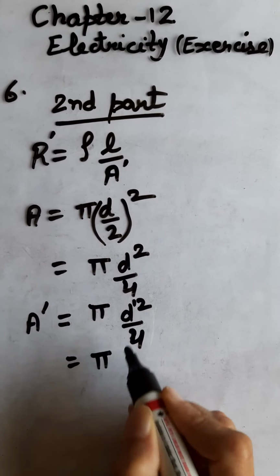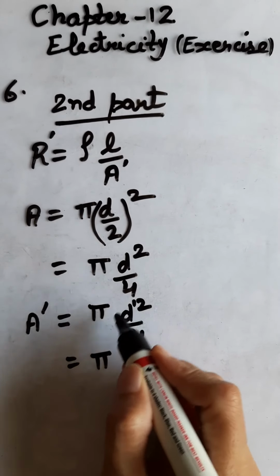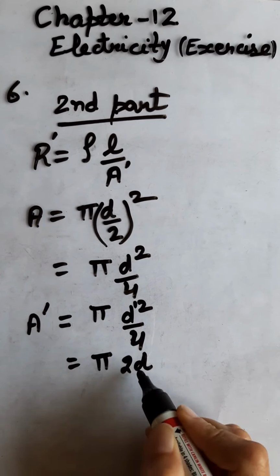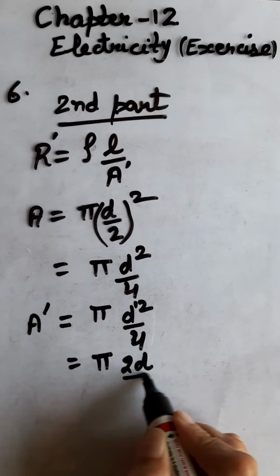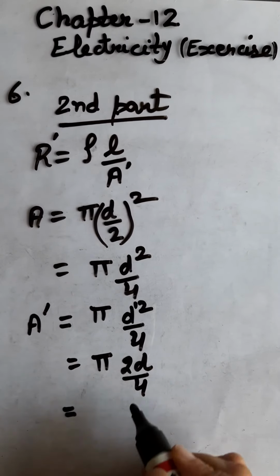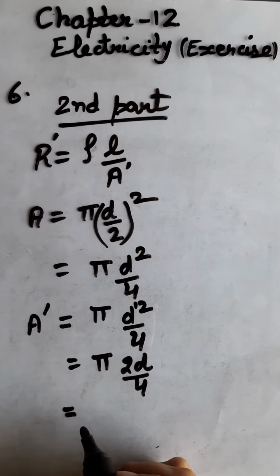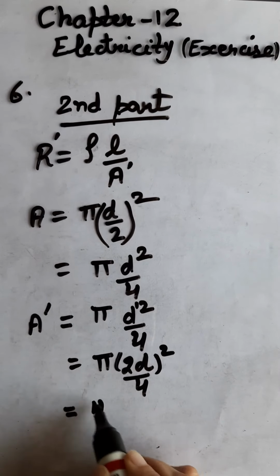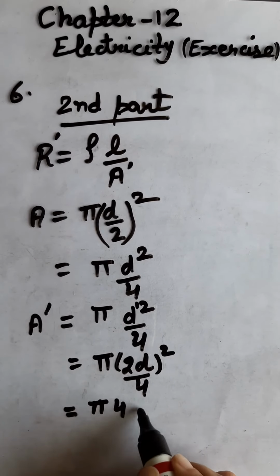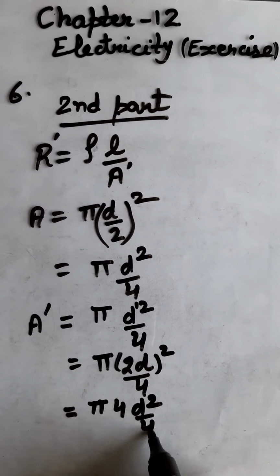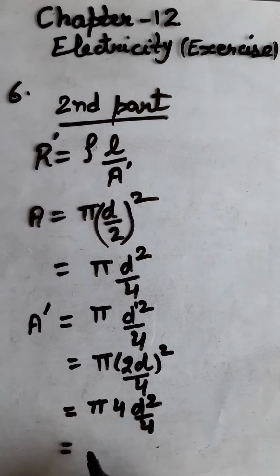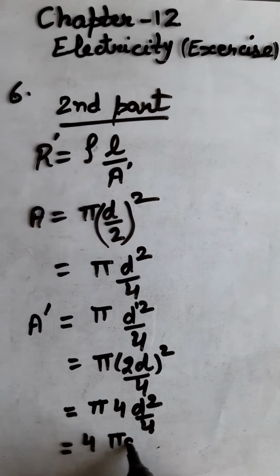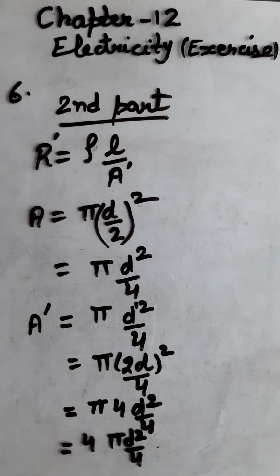As it is doubled, in terms of the old diameter it will be twice the old diameter, so pi into 2d, whole square, by 4. That is pi into 2 square d square by 4, which we can write as 4 pi d square by 4.